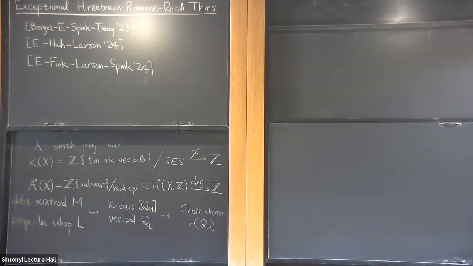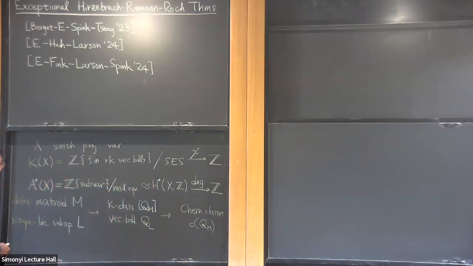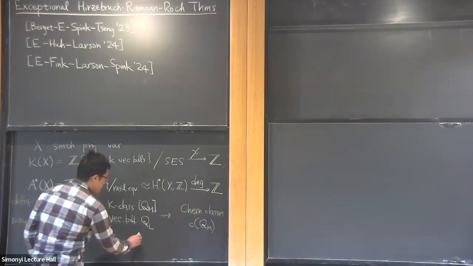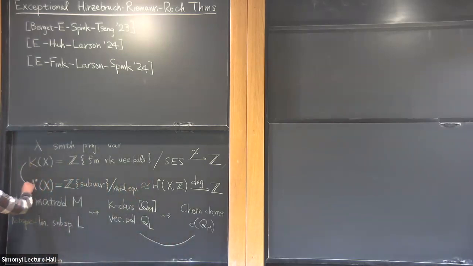Now, for some of you, I'm sorry to tell you this talk will not be about matroids, but it will be about a key technology common to all three of the works, although one has to work to adapt it to each situation. It's a common technology that relates these two pictures, or more precisely, these two rings, in a way that's rather unexpected, or at least I found it somewhat unexpected.